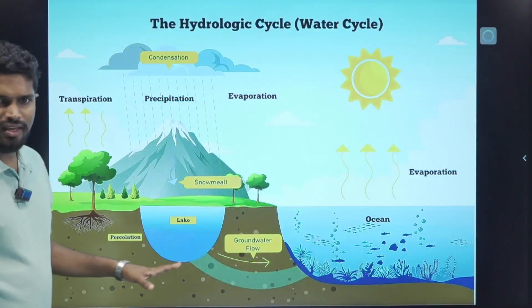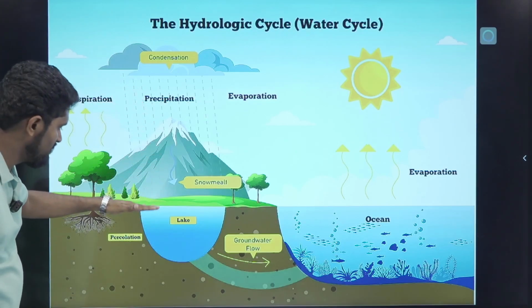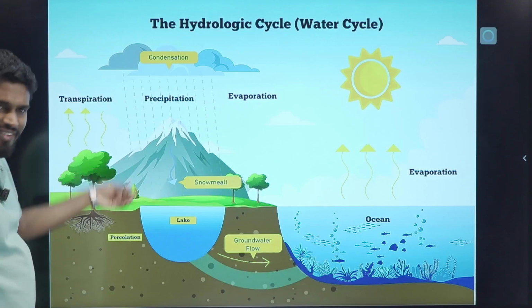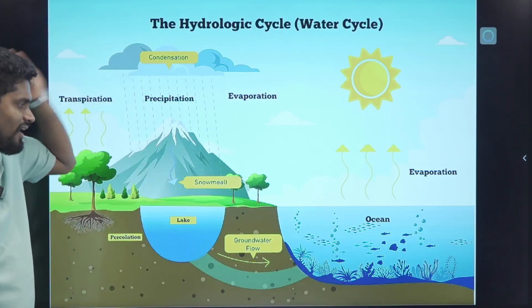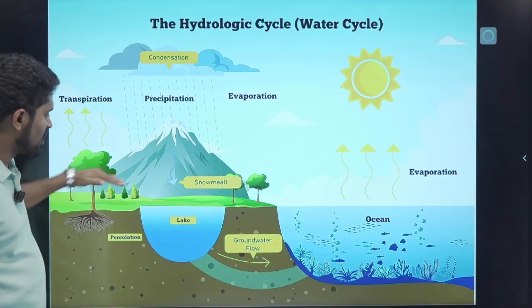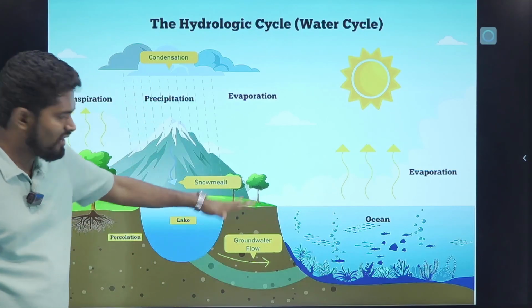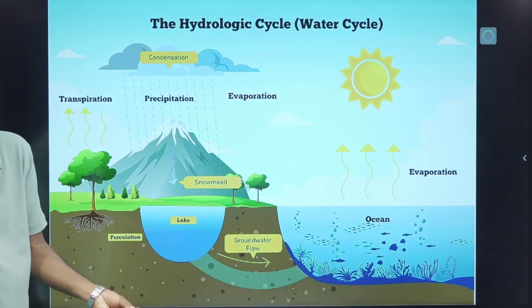Normally the water comes to the soil, percolation and infiltration happen, and it can be evaporated again, or flow as groundwater into the ocean. And this is runoff. And there is a reverse process that happens.